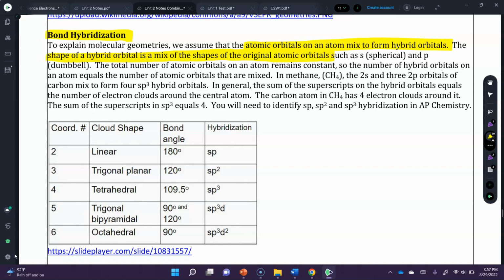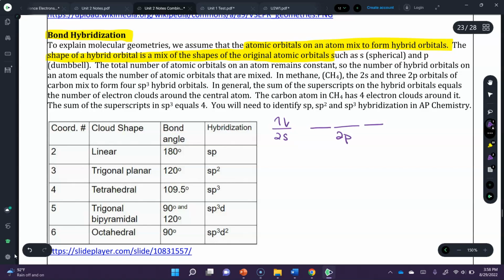Okay, the total number of atomic orbitals on an atom remains constant, so the number of hybrid orbitals on an atom equals the number of atomic orbitals that are mixed. So in methane, which is CH4, the 2s and the 3 2p's, because there's 4 bonds, right? So I could draw that out. Valence electrons is what you bond with. So we have our 2s and our 2p, and this is the valence orbital diagram for carbon.